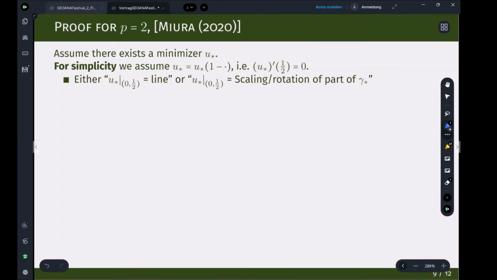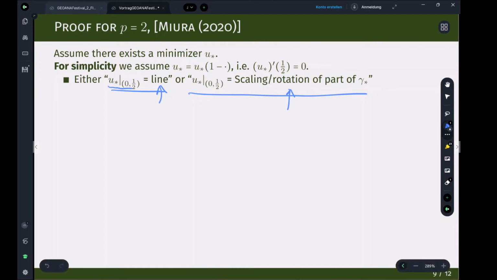And then this minimizer has to be a critical point also of the curve energy in a way. So it has to be either a line, or, between 0 and 1/2, it has to be a scaling or rotation of a certain part of this gamma star, right? Because those two curves are the only critical curves of this curve energy.